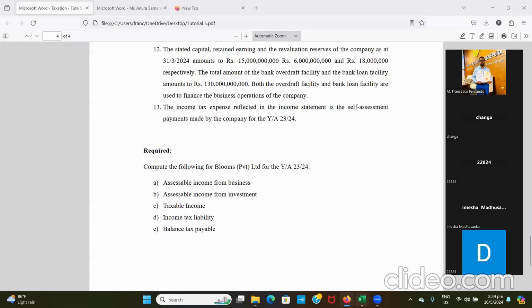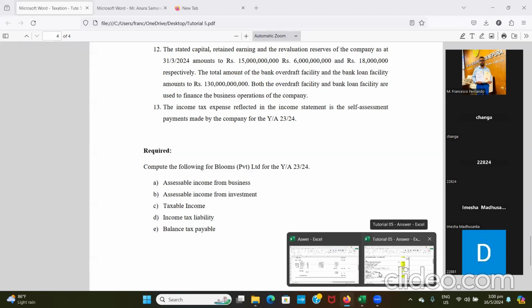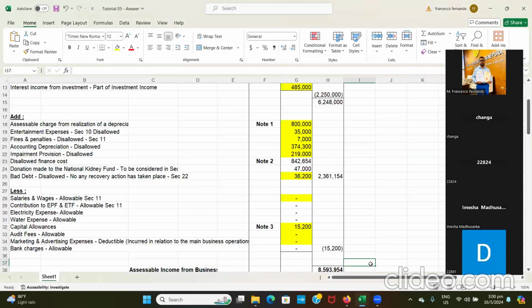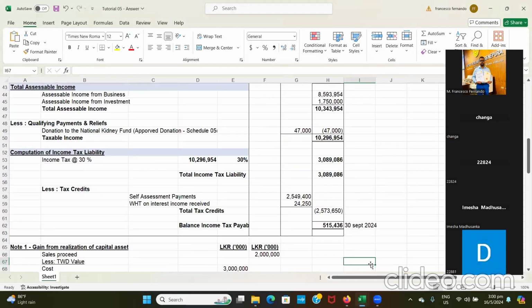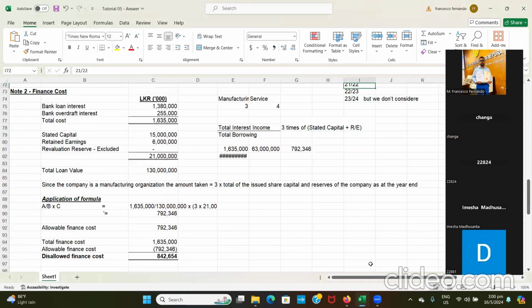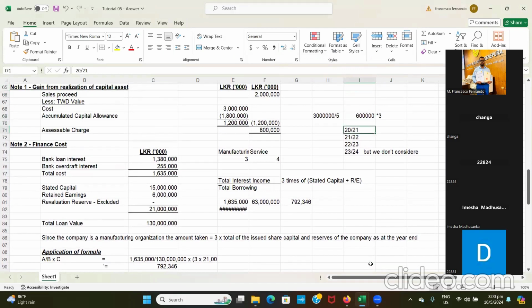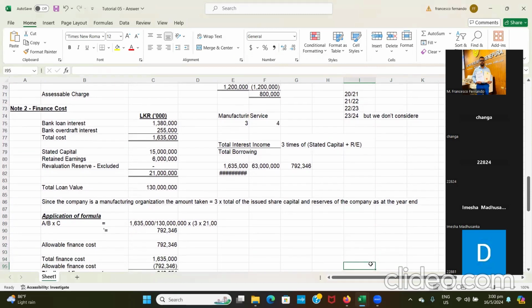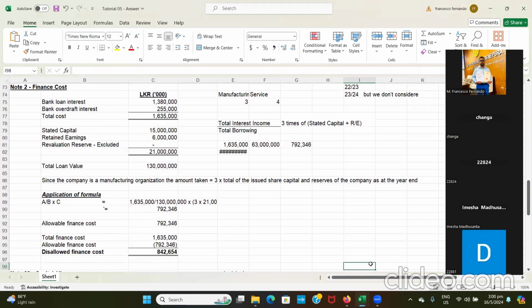Yeah. So here we must apply the thin capitalization rule as per section 18, if I'm not mistaken. So here the answer is wrong. The answer which is given here is wrong, right? So as per the thin capitalization rule, we have a formula: A divided by B multiplied by C. So A means interest cost.